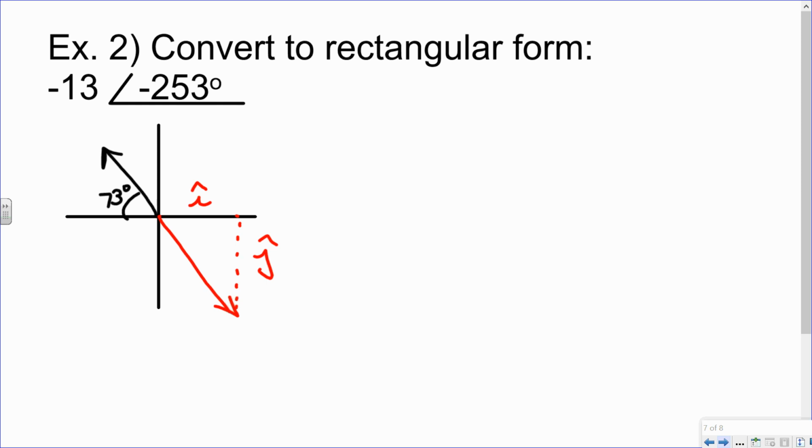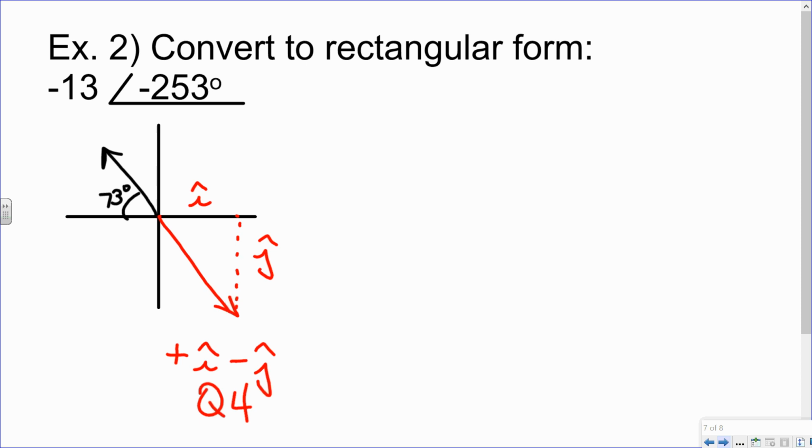If I'm in the fourth quadrant, what can you tell me about positives and negatives? Hope, what can you tell me? So I need to end up with a positive I hat and a negative J hat if I am in Q4. That's what I'm talking about. Think about the quadrants to figure that part out.